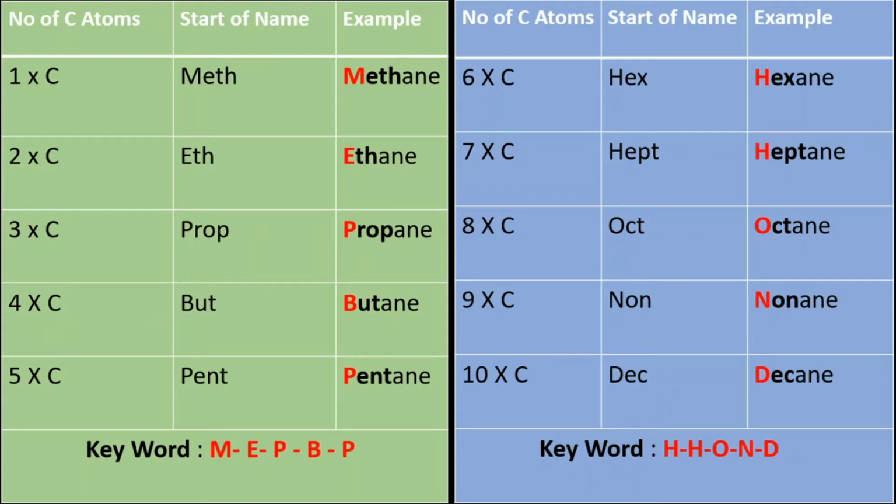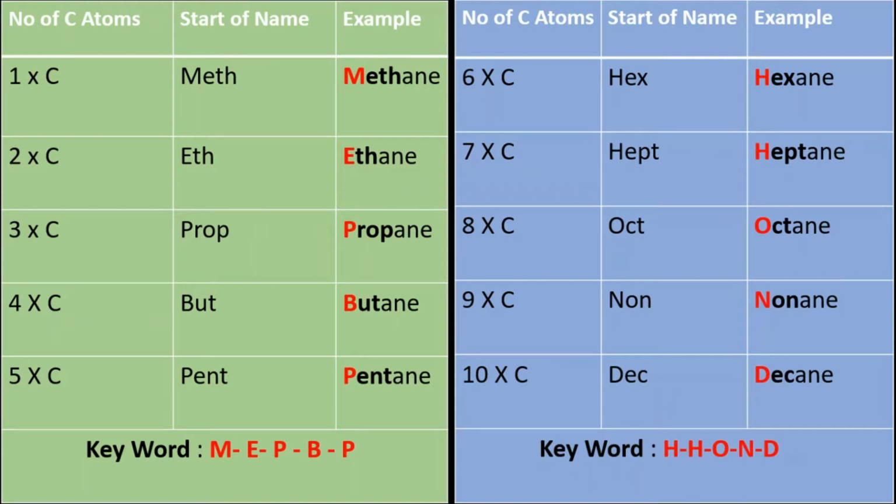Similarly, if we have 8 carbon atoms in an organic compound, the naming will start from the word oct. If we have 9 carbon atoms, then the naming will start from the word non. And if we have 10 carbon atoms, the name of that organic compound will start from the word dec.